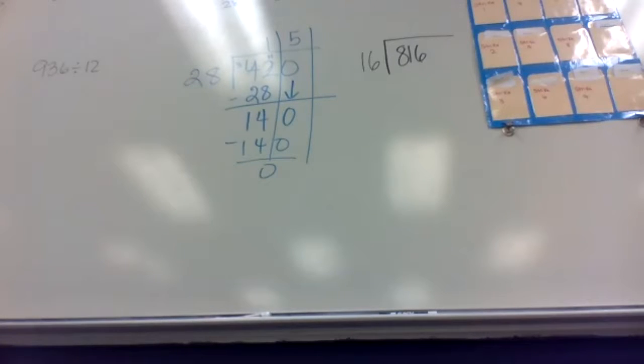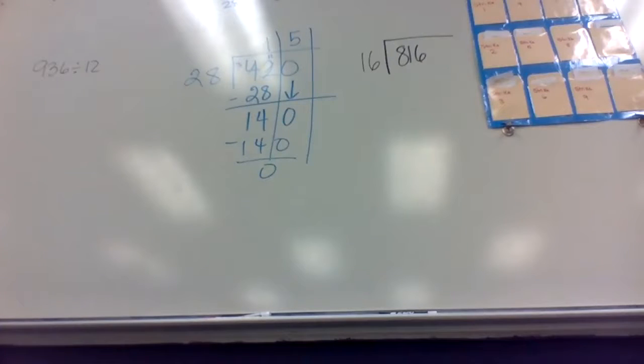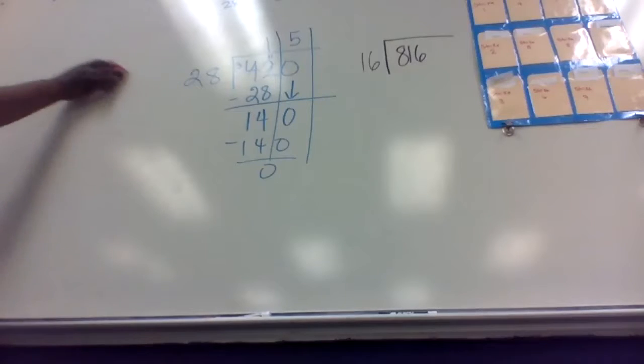Now, how many 16s go into 81? You got to multiply. So start multiplying by 16. We're on page 82, number 5. All right, so start multiplying 16, so we can see how many 16s can go into 81. Go ahead and start multiplying your 16. I got an answer.